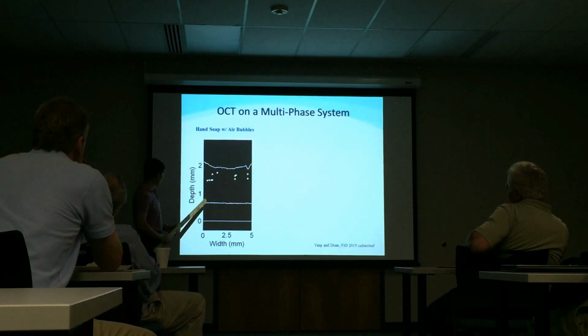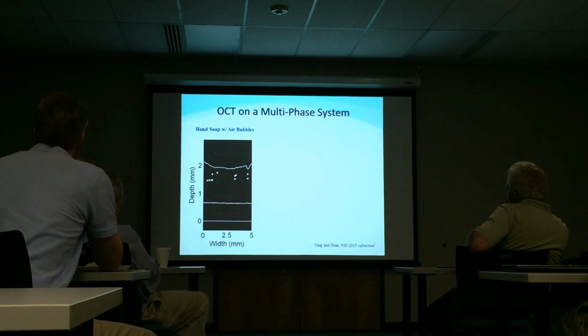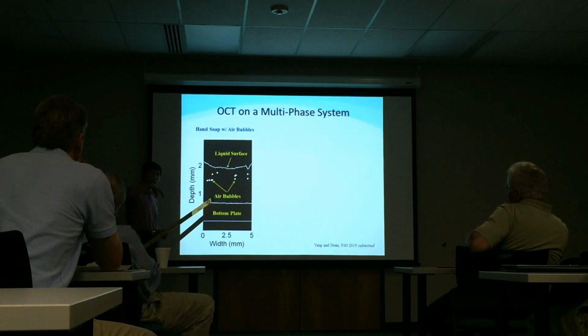So here we created a multi-phase system by putting some hand soap in a container. When you buy hand soap, it has a lot of bubbles trapped in it. So we use our system to scan across it.